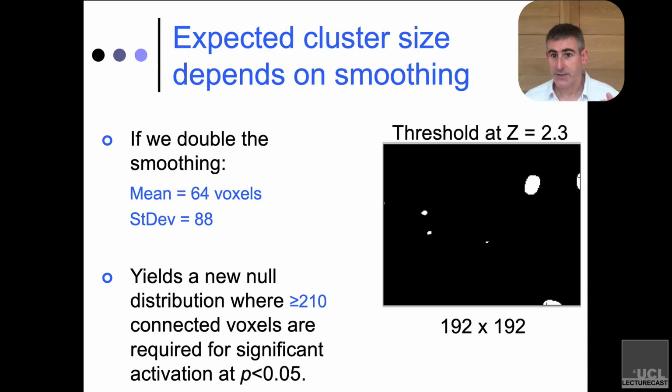You increase your sensitivity to these larger clusters. If you're using cluster thresholds, increasing the smoothing decreases your sensitivity because they're measuring different things. Voxel thresholds are based on height. Cluster thresholds are based on spatial extent. And smoothing affects those two things in different ways.